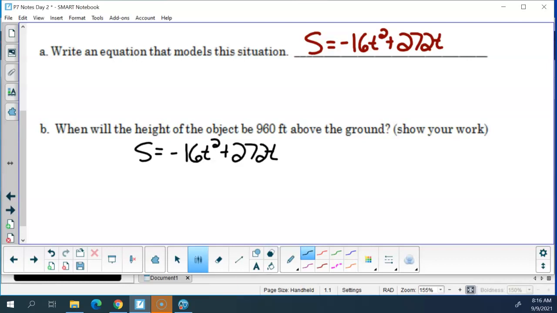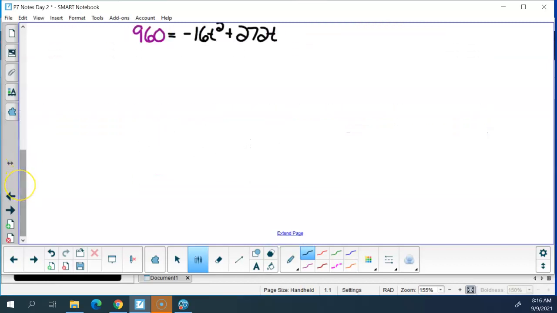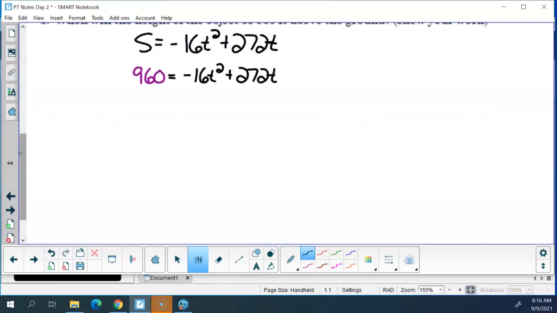So what would we do to find out when that height is 960 feet off the ground? Set it equal to 960. Now what? Subtract 960. So then we get it equal to 0 is what you're saying? Yes.